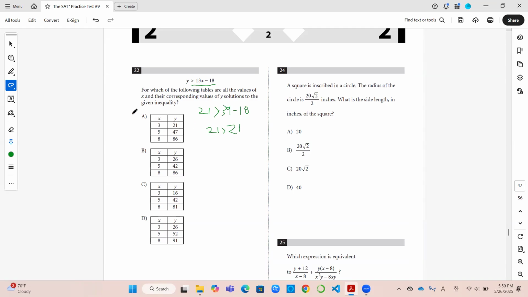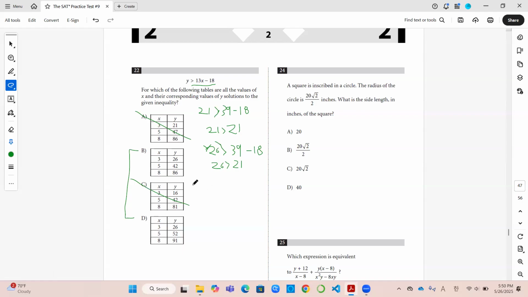Nope, they're equal to each other, so that one is gone. We'll see if y is greater than, oh sorry, if 26 is greater than 39. Well, yeah, since this is true, we can also eliminate C as well. So I'm going to choose between B and D.